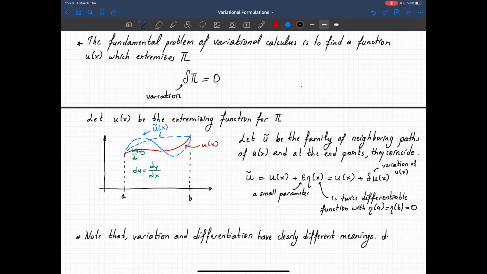So du here is associated with a neighboring point at a distance dx.